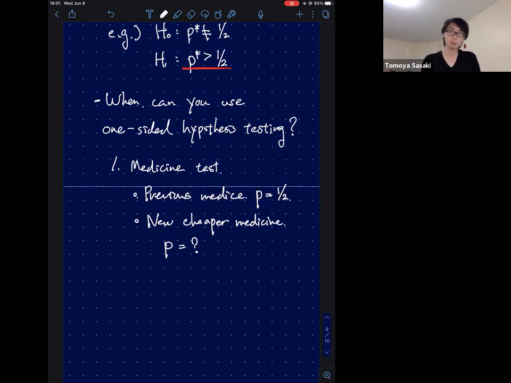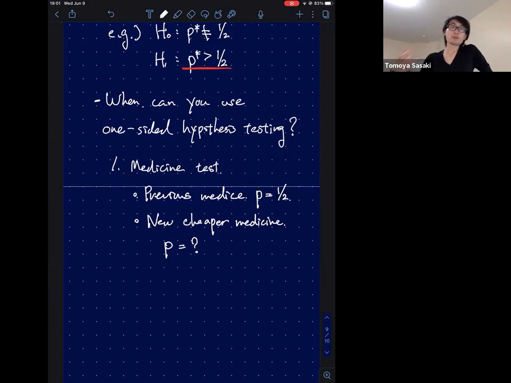What's important here is that the medicine your company has created does not need to be more effective than the previous medicine.